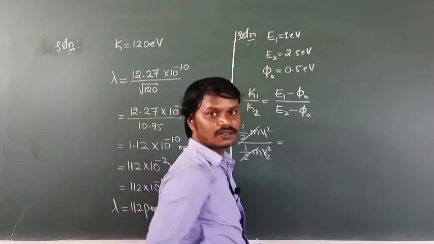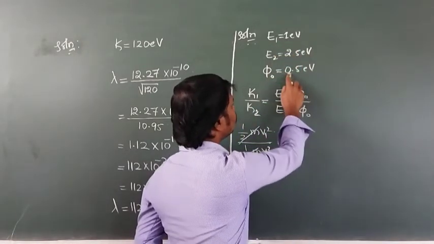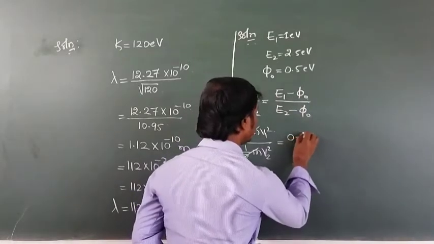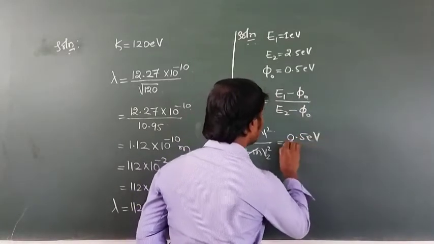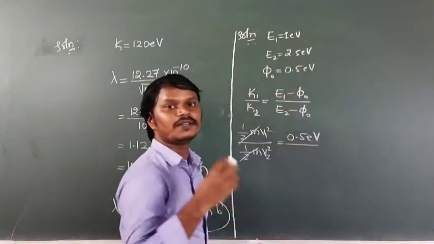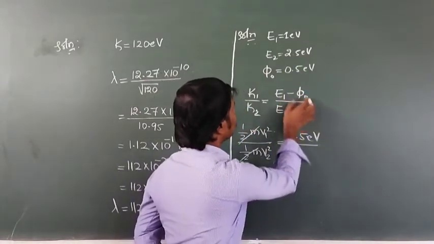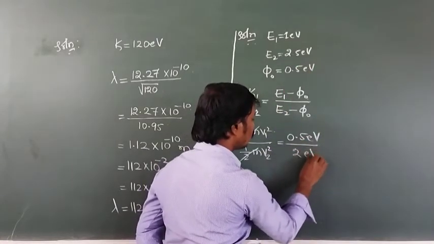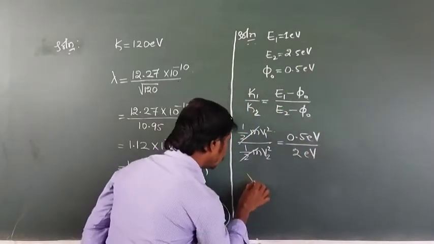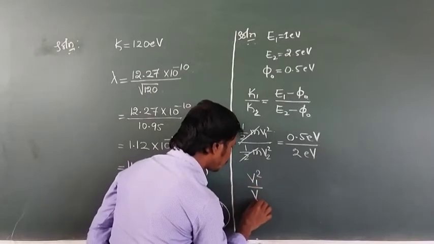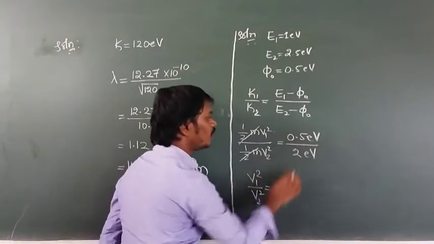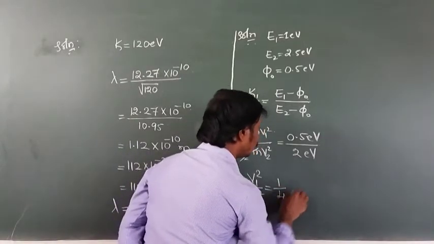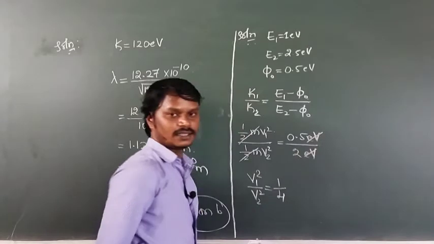E1 is 1 electron volt and phi naught is 0.5, so 1 minus 0.5 is 0.5 electron volt. E2 is 2.5 and phi naught is 0.5, so 2.5 minus 0.5 is 2 electron volt. Then V1 square by V2 square is equal to 0.5 divided by 2, that is 1 by 4. Electron volt gets cancelled.